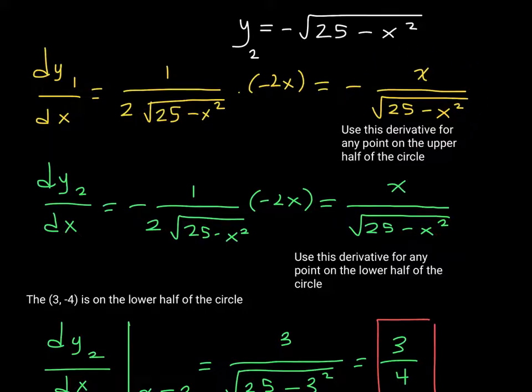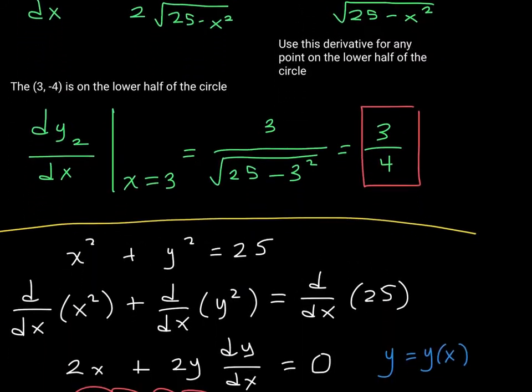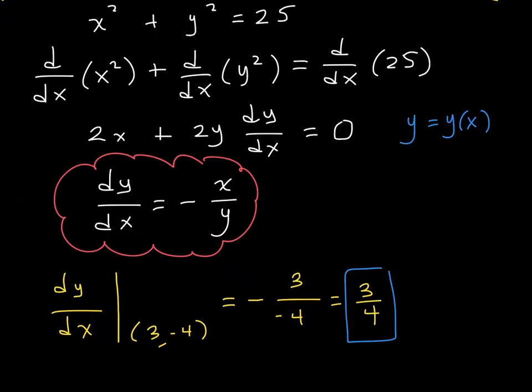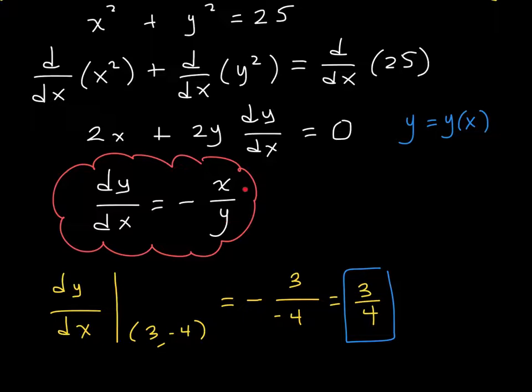A little more complicated, two different derivatives, and in terms of x. Whereas with implicit differentiation, we got a much simpler derivative in terms of both x and y. You're going to see that happen a lot. The derivative involves both variables, x and y, and it's a simple formula.